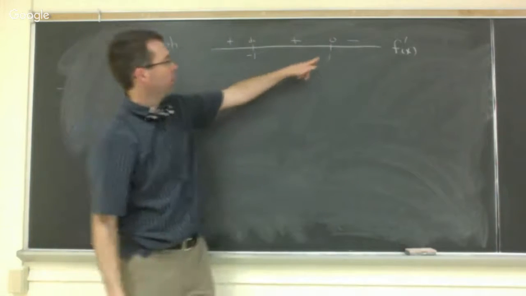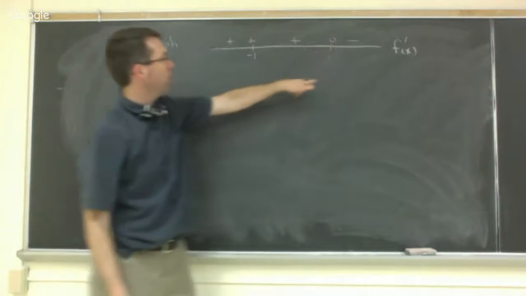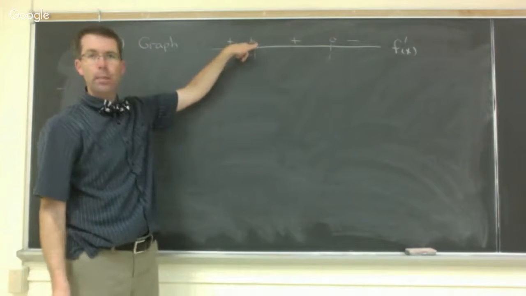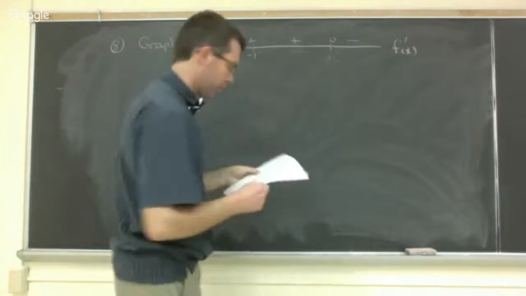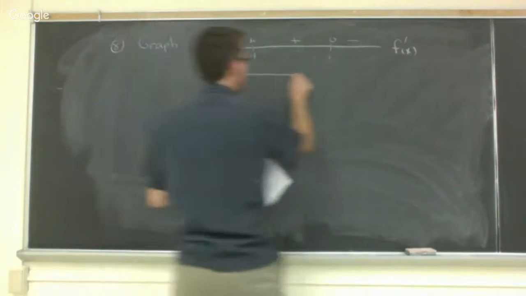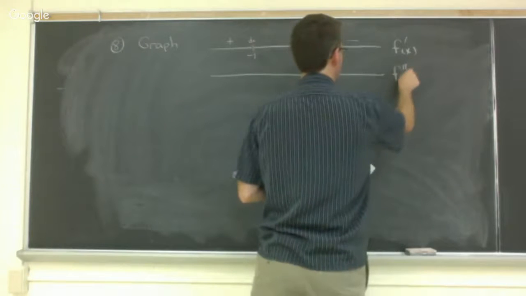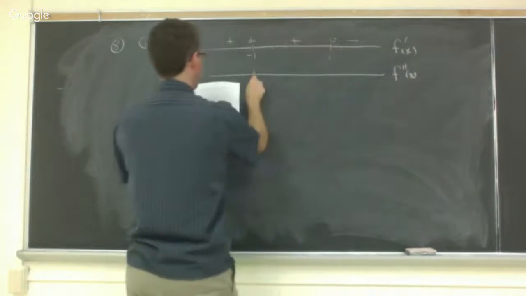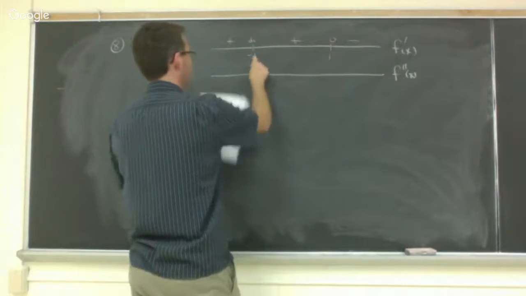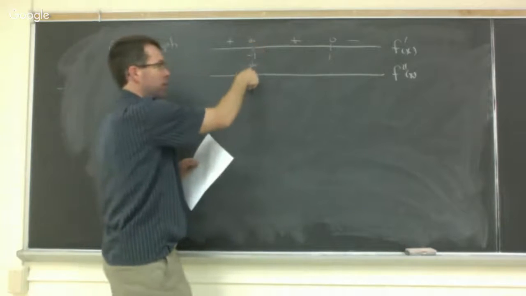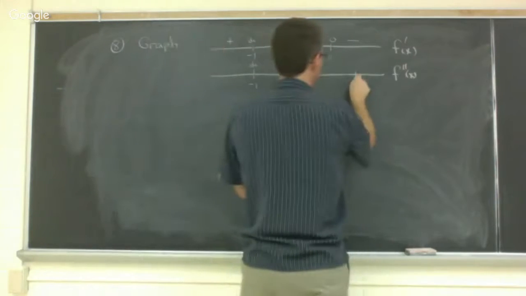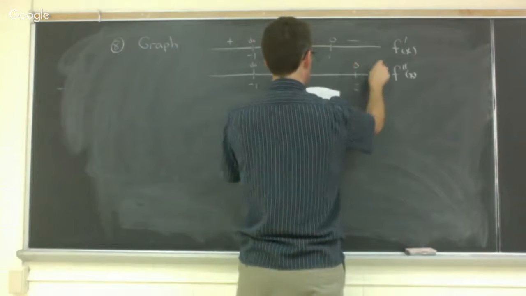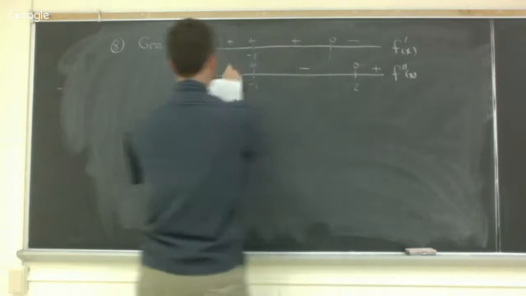So our derivative is going to be 0 at 1, and something weird's happening at negative 1, and the signs are plus, plus, minus. And our second derivative, at negative 1, if the derivative is not defined, the second derivative can't be defined either. Let's see, and 2 is the other point. Plus, minus, plus.